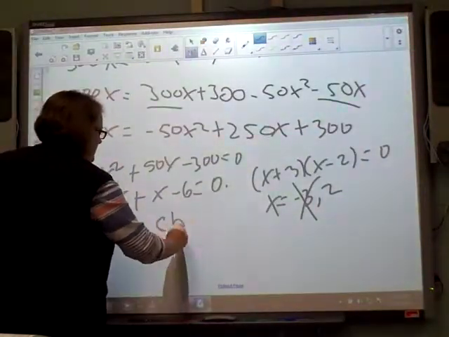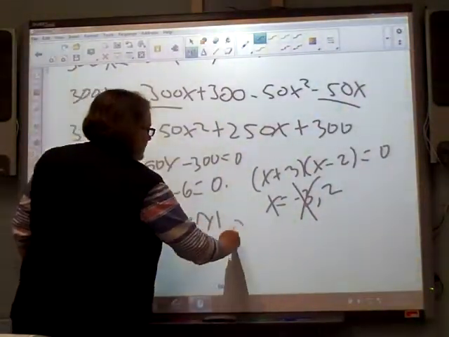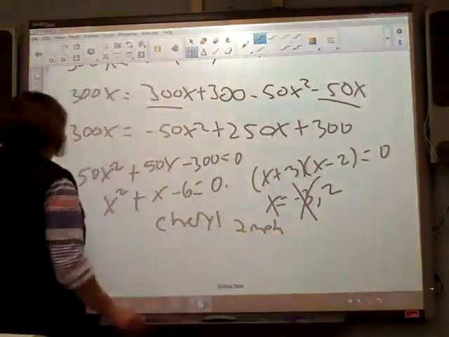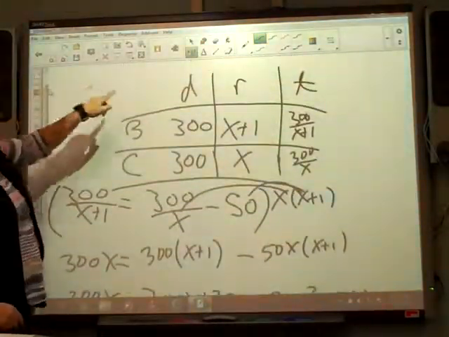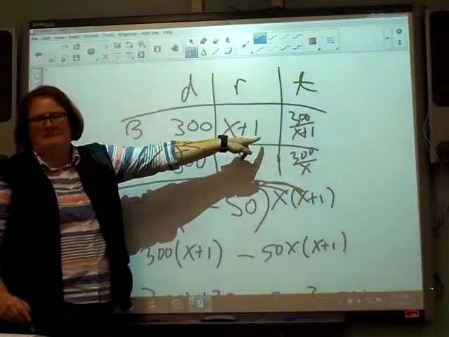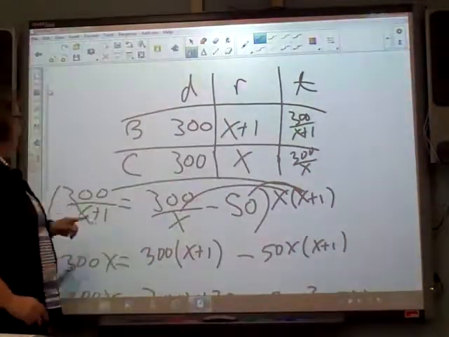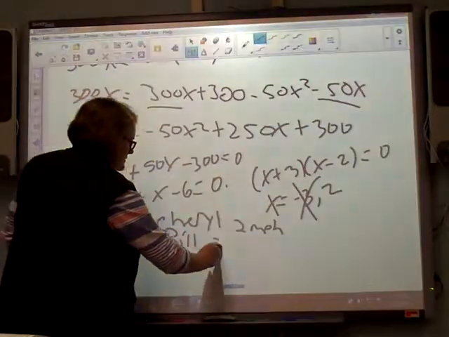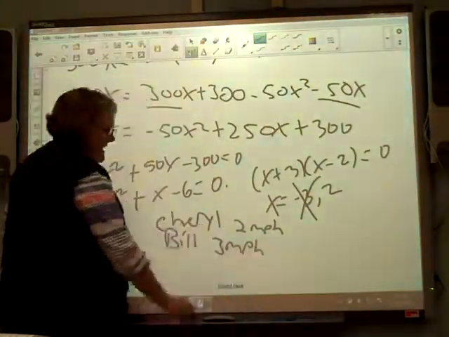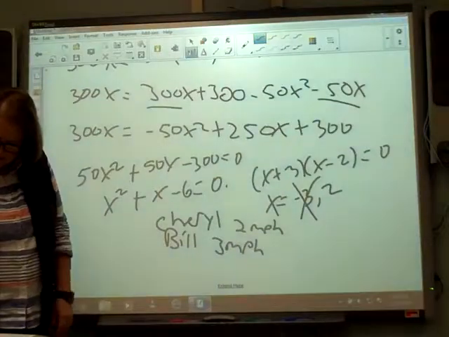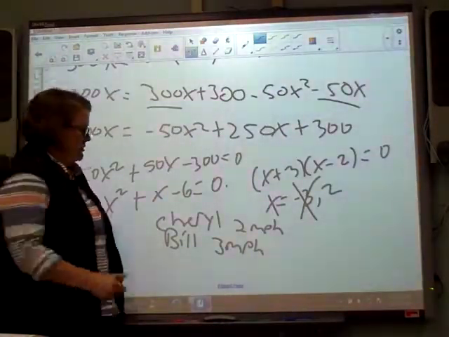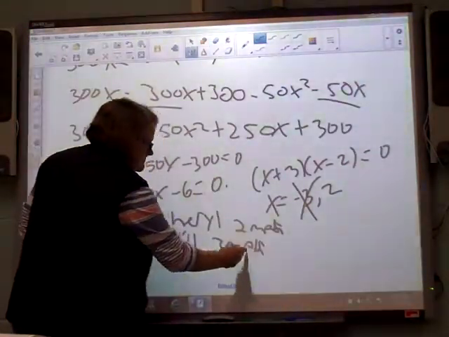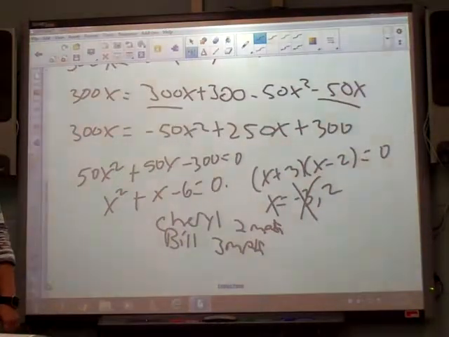So Cheryl is walking 2 miles an hour. When Bill gets on the conveyor belt, he's going a meter faster than that, so he's going 3 meters. I don't think it's in hours either. That can't be right. What was it in seconds? So it'll be per second. Pretty cool.